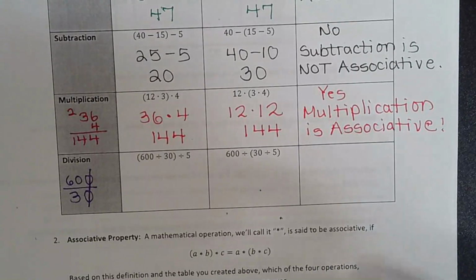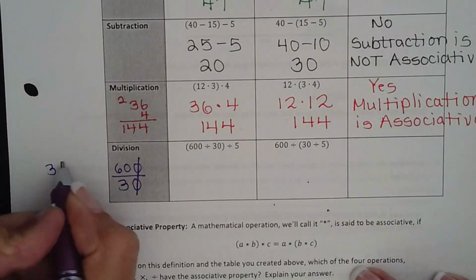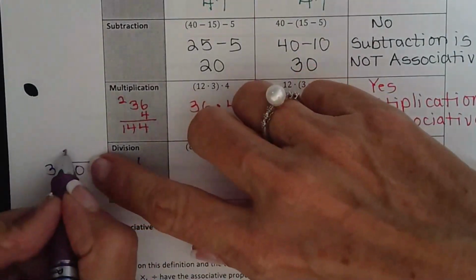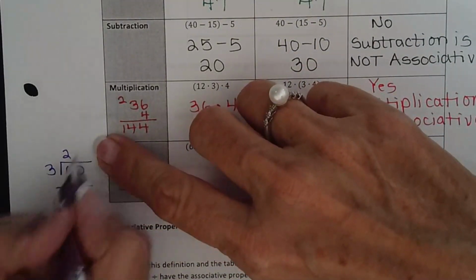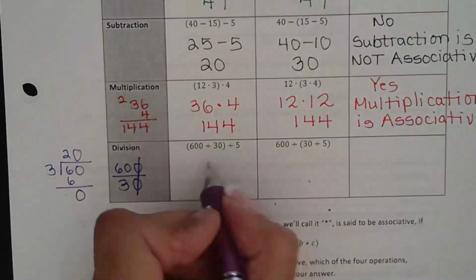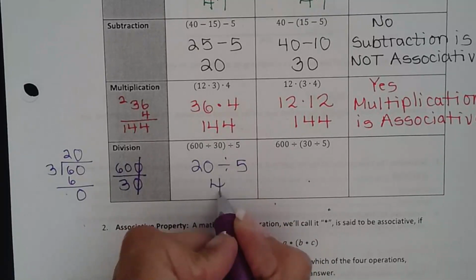You can cross off the same number of zeros. So this is really just 3 into 60. 3 goes into 6 twice. Subtract. 3 goes into 0 times. So that is 20. So 20 divided by 5 gives us 4.